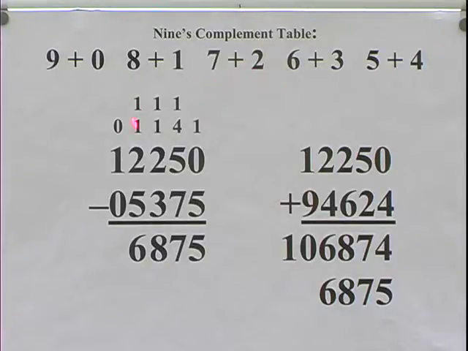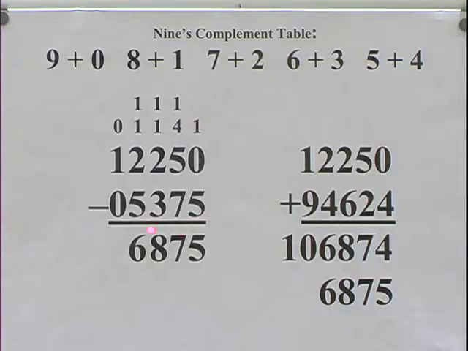Now that I've modified the minuend, I can do the subtractions. 5 from 10 is 5. 7 from 14 is 7. 3 from 11 is 8. 5 from 11 is 6. 0 from 0 is 0.